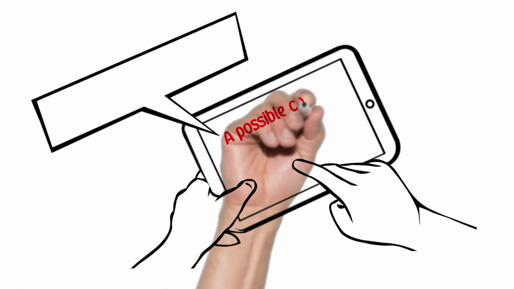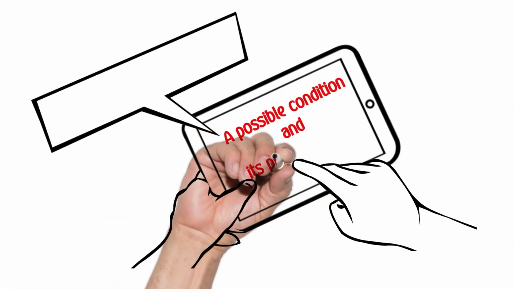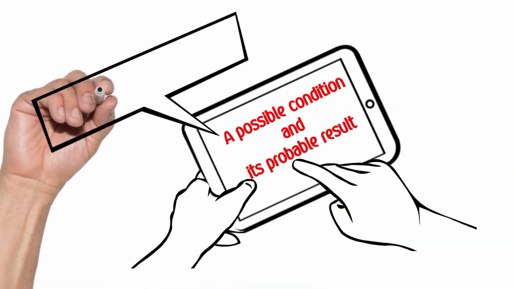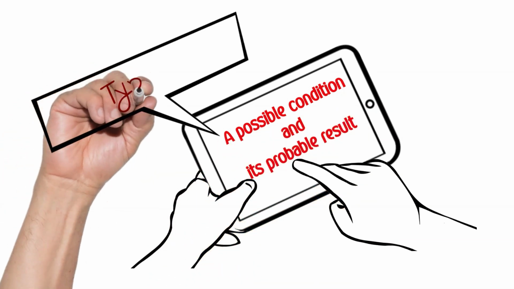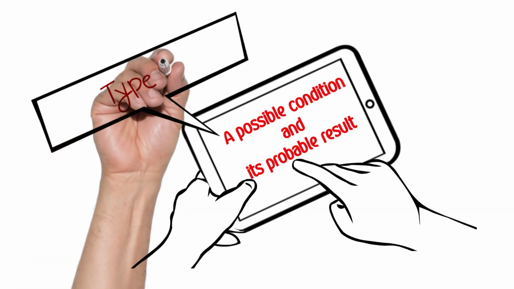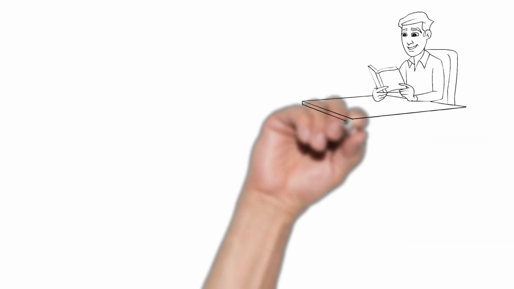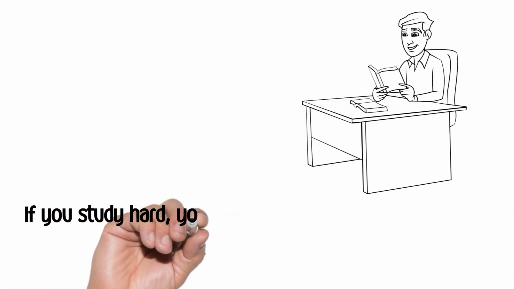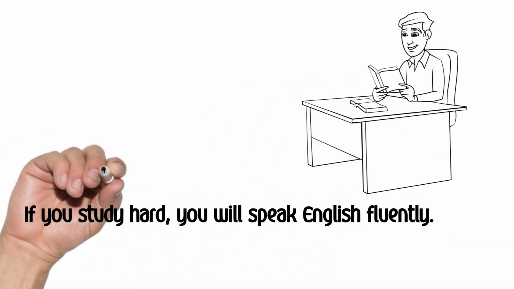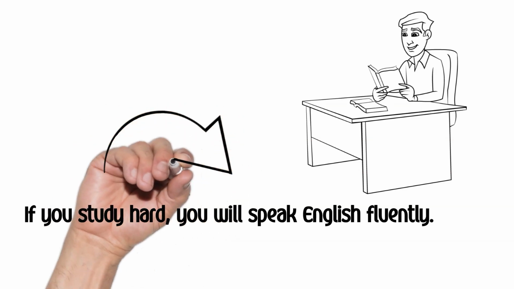We use type 1 to talk about a possible condition and its probable result. It may happen in the future. It is possible. For example, look at this student. If you study hard, you will speak English fluently.